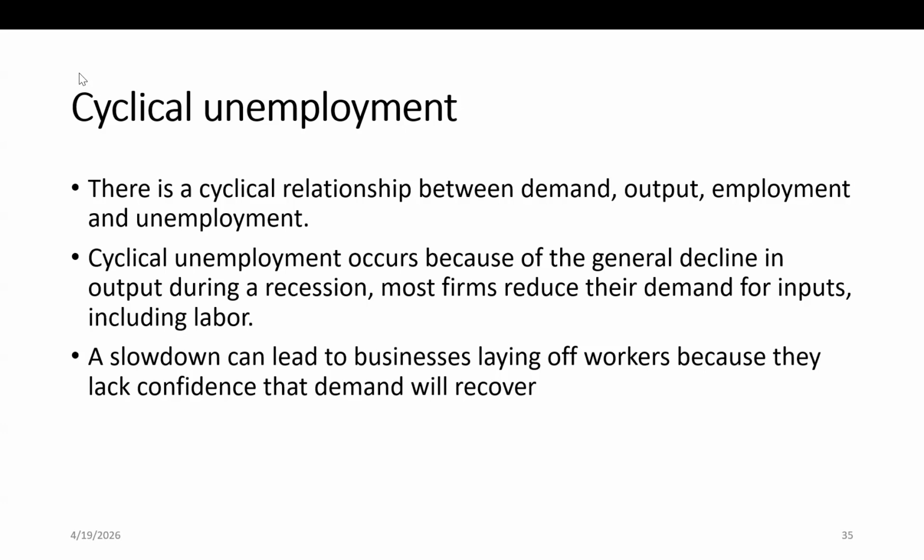There's a cyclical relationship between demand, output, employment and unemployment, right? So cyclical unemployment occurs because of the general decline in output during a recession, right? Most firms reduce their demand for inputs including labor. A slowdown can lead to businesses laying off workers because they lack confidence that demand will recover, right?